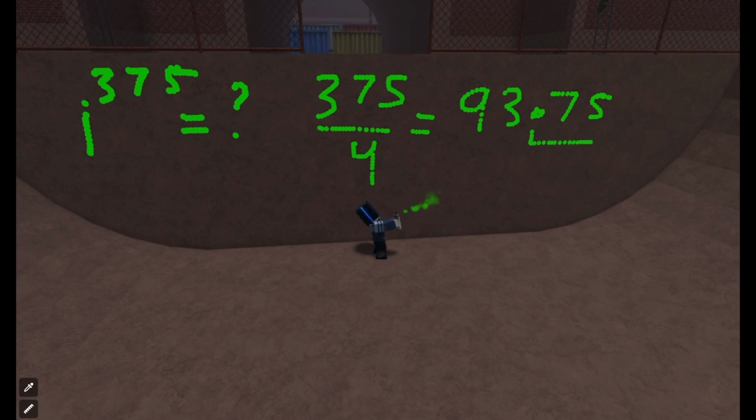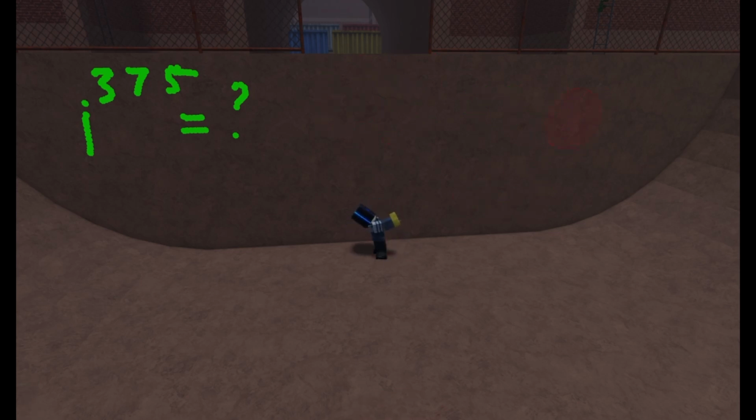That ends in 0.75, which means we have a remainder of 3. And the remainder of 3 just means that this is equal to i to the third power, which is equal to negative i. So i to the 375th power is just equal to negative i.